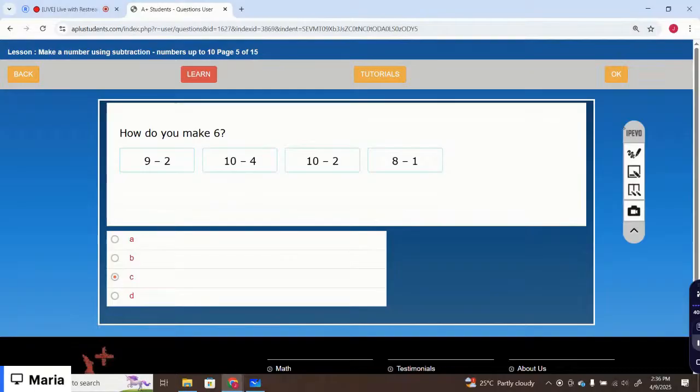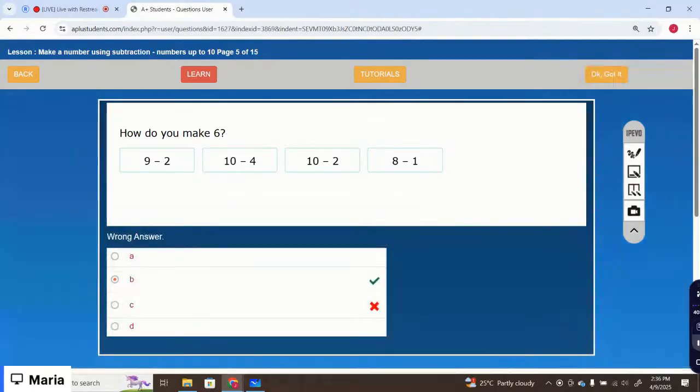Option C is the correct option. That's how you make 6.